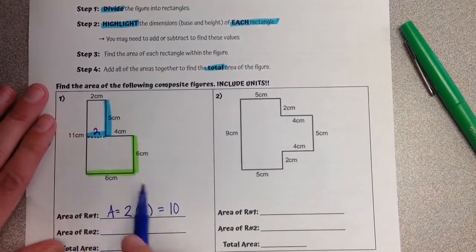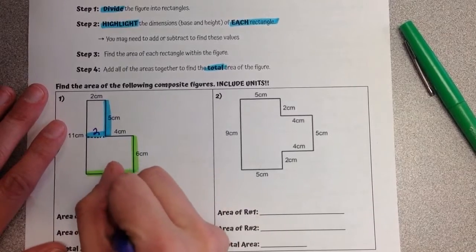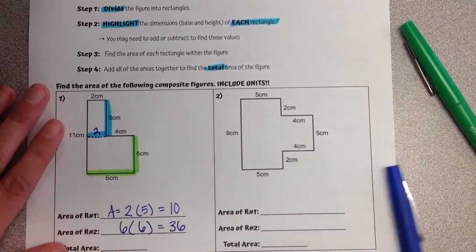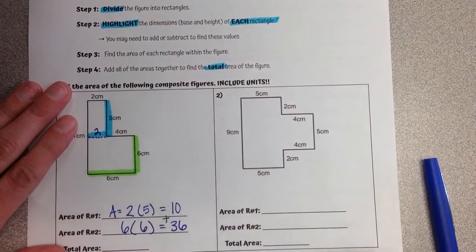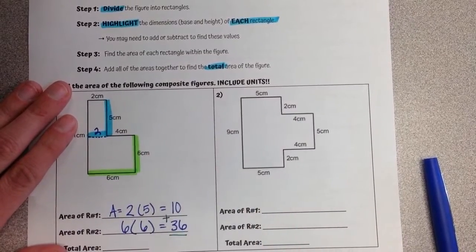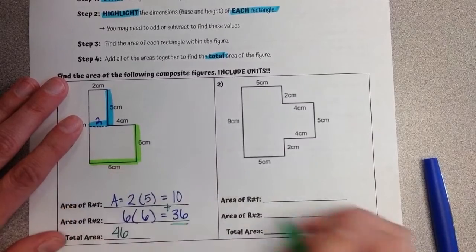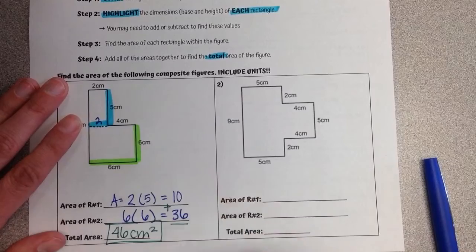For our second rectangle, we have a base of 6, height of 6. So it's 6 times 6, which gives us 36. Then we're just adding those together to get our total area. 10 plus 36 is 46. So the total area is 46 centimeters squared.